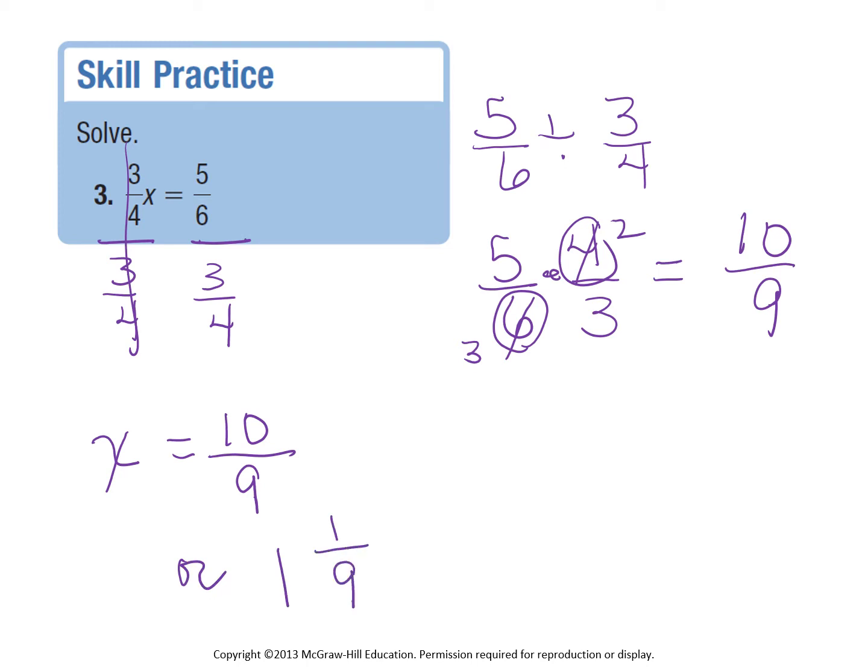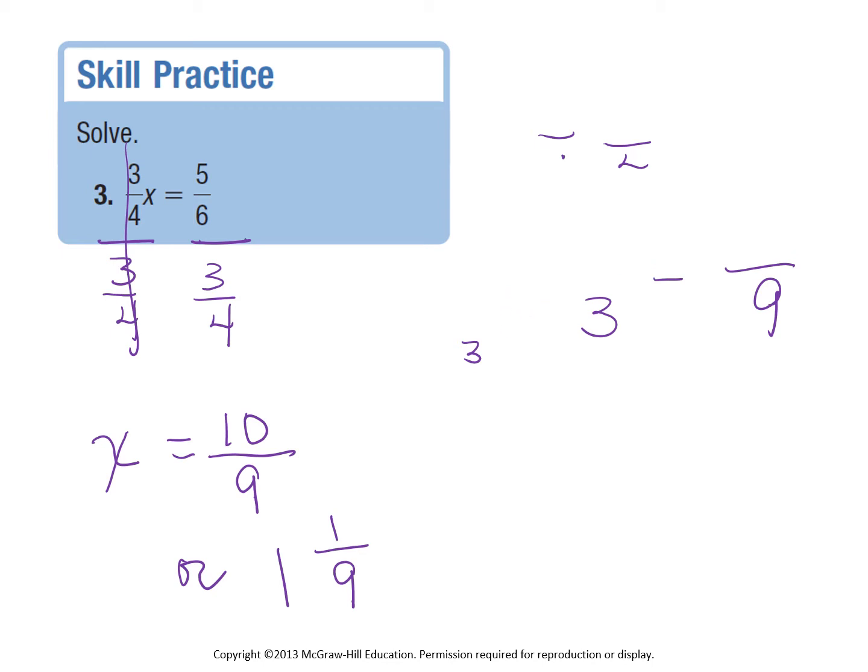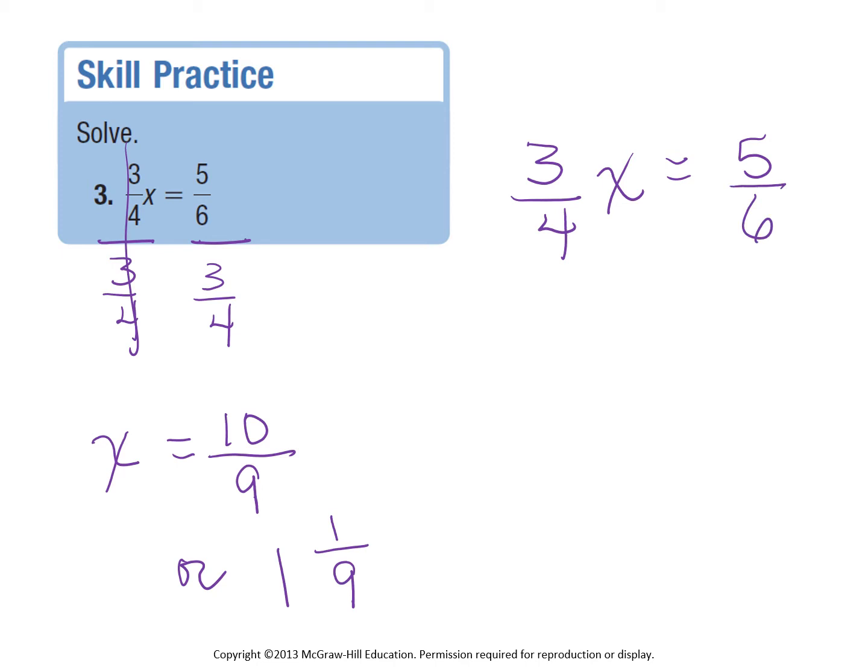Now, some students, instead of dividing by 3/4 right from the get-go, prefer to just multiply both sides of the equation by the reciprocal of the coefficient.